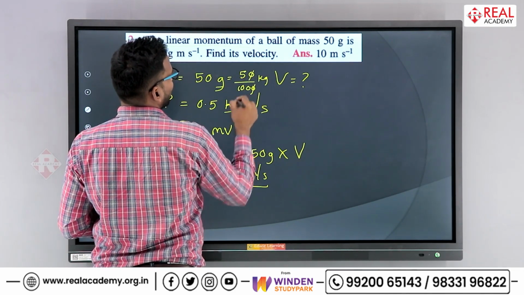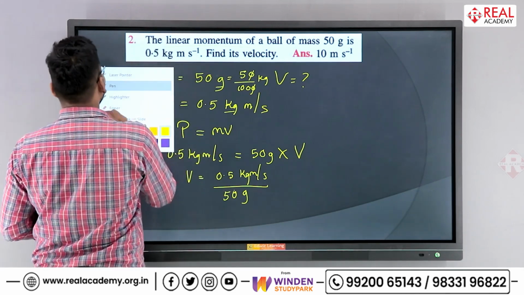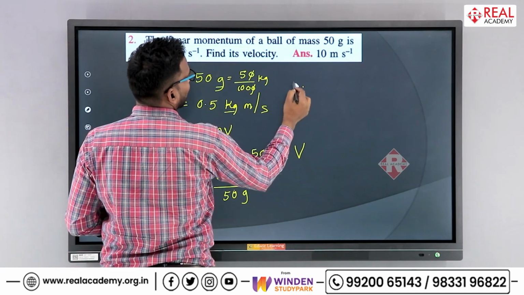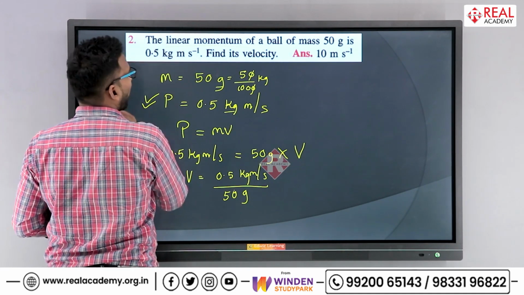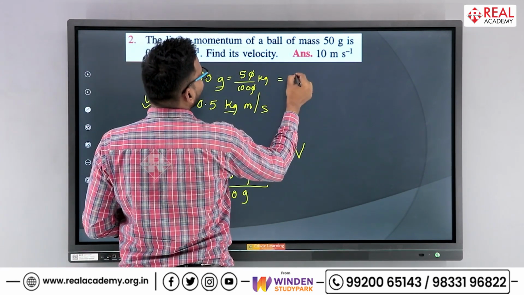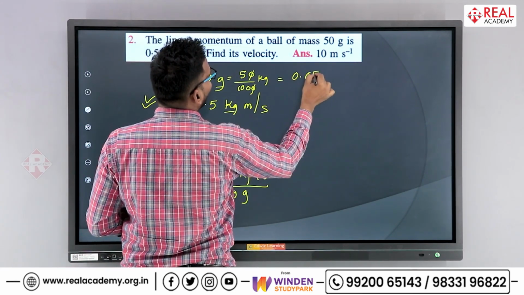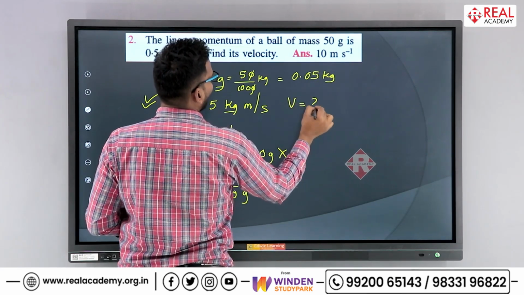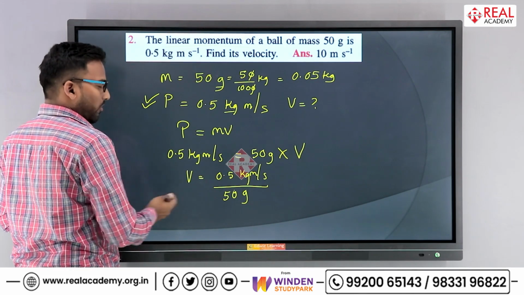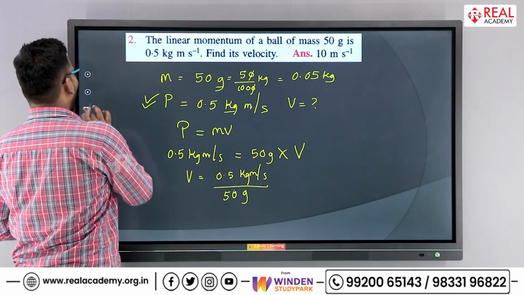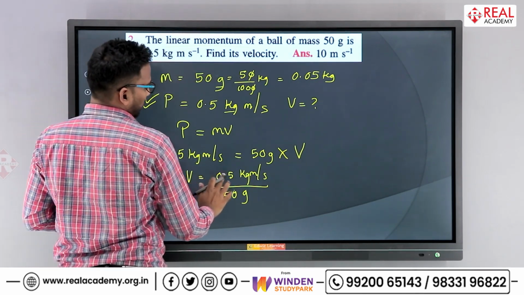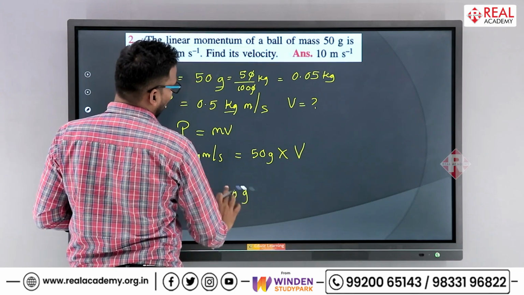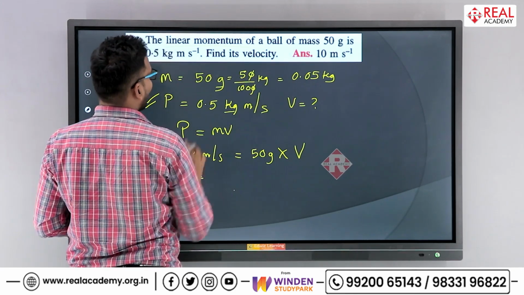Then how much do we get here? That is 0.05 kg, and they are asking us to find velocity, right? Even you can do it here as well, but I'll suggest you go with this only.